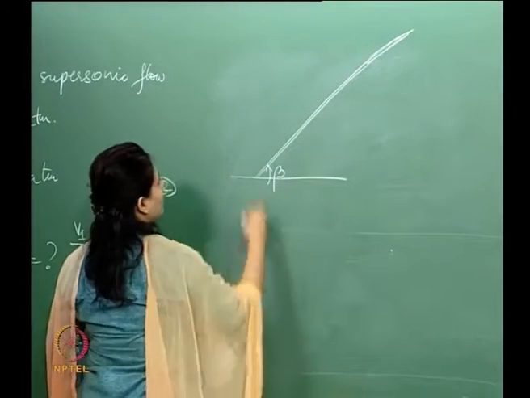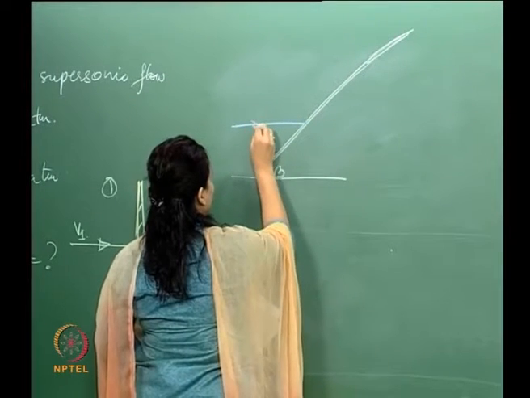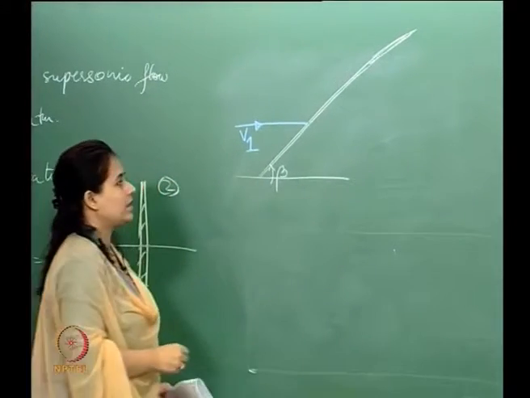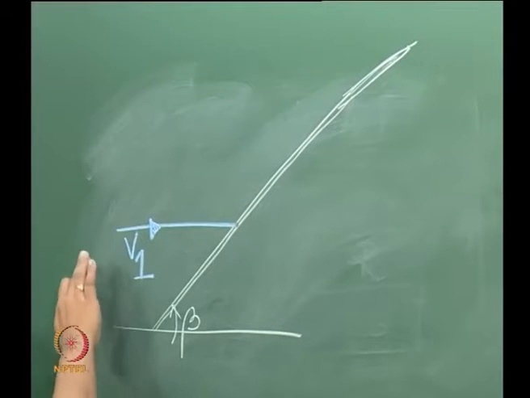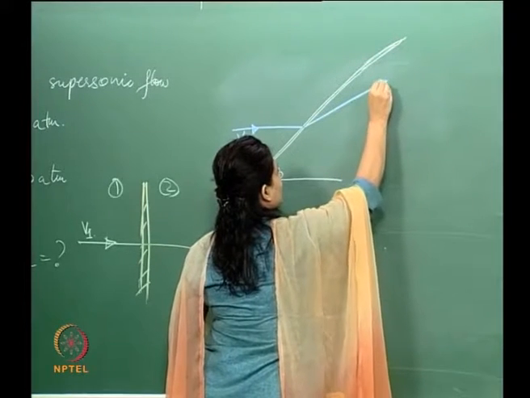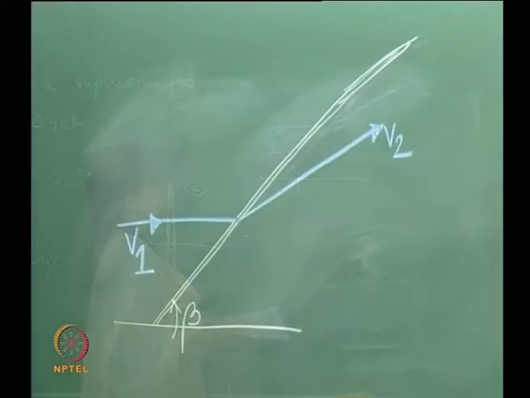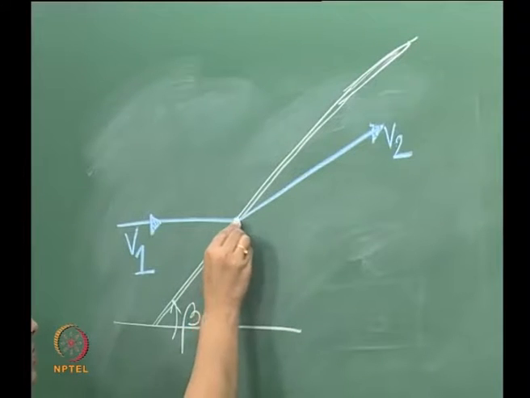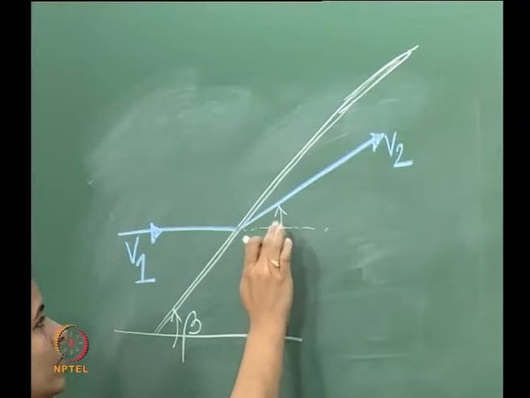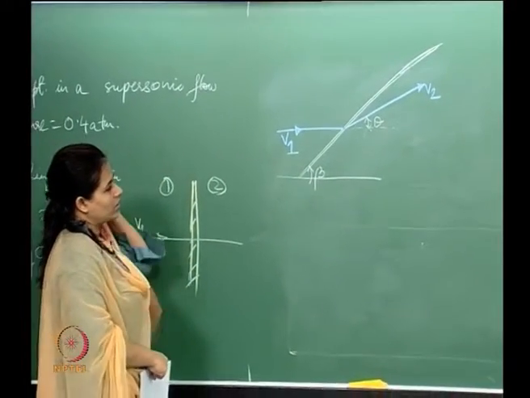Now here too, we have an incoming velocity like that, and let us say that when it hits the oblique shock here, it moves with V2, and the angle that it makes with the horizontal is theta.